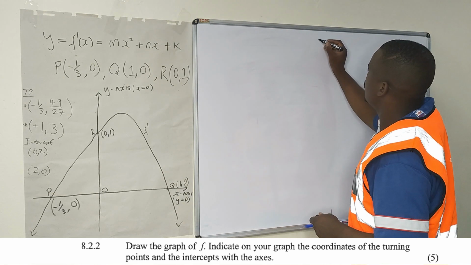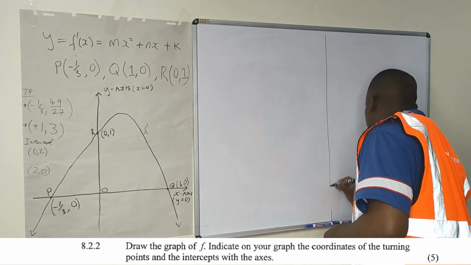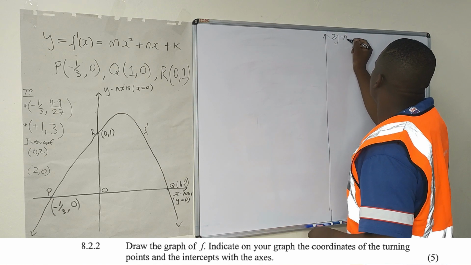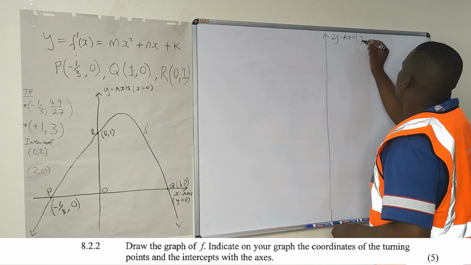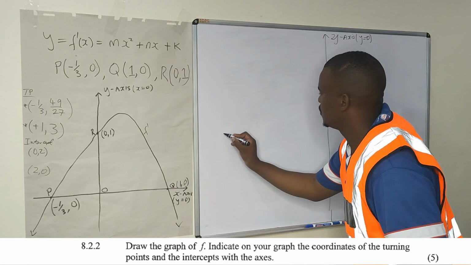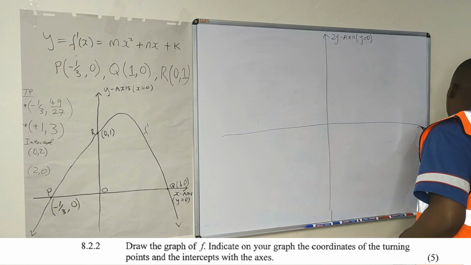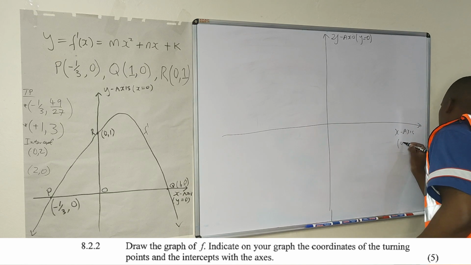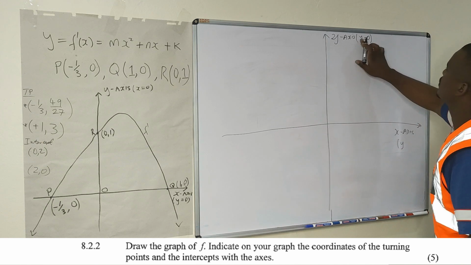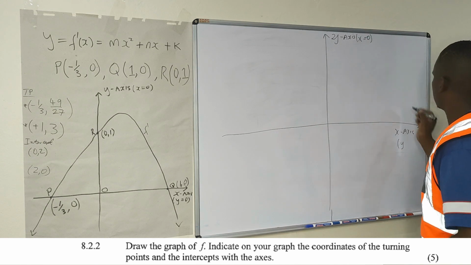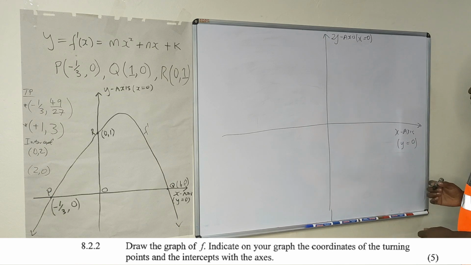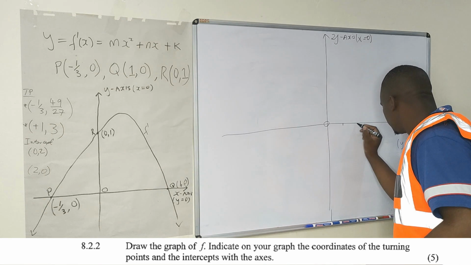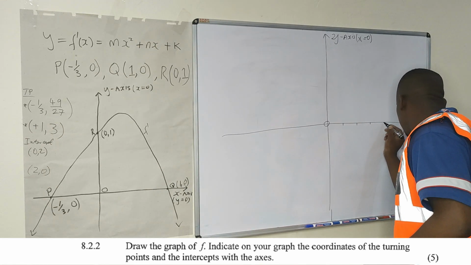Okay, so I have our y-axis here, which is the line x equal to 0. This is our x-axis, the line y equal to 0. So you have a 0 here. I'll say I have 1 here, 2 here, 3 here, and 4 here.